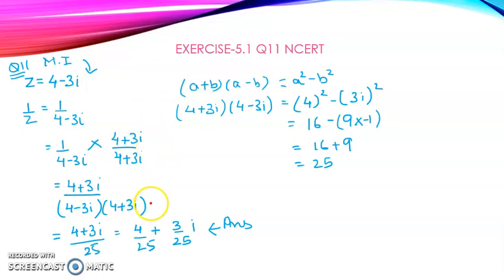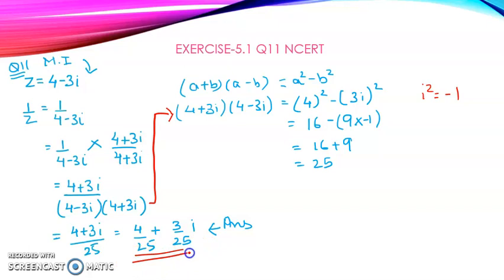See this calculation. 3i square means 3 square, 9. i square is what? i square is equal to minus 1, the imaginary number I had explained to you. So minus 9, minus will become plus, so 16 plus 9, 25. So 4 upon 25 plus 3 upon 25i.